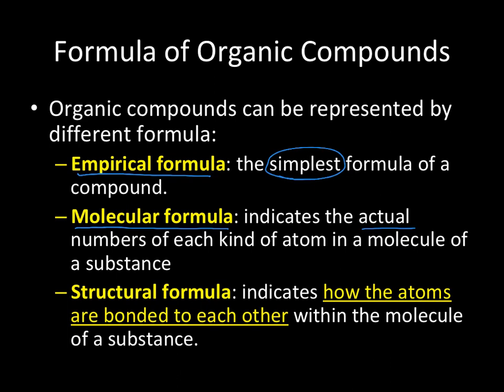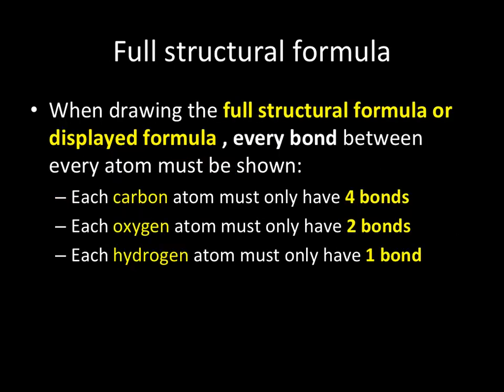And we will look at the structural formula in detail because the structural formula tells us how the atoms are bonded to each other within the molecule itself. Okay, so in organic chemistry, the structural formula will come up a bit more than the other two.